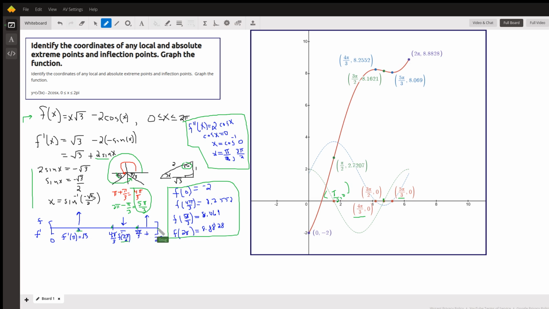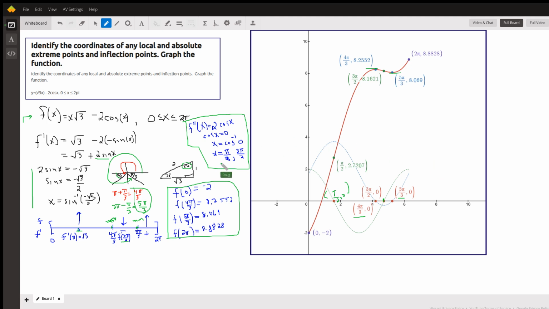And then to the right of 5 pi over 3, the first derivative is positive, so the original function is increasing. So we've got a max at 4 pi over 3 and a min at 5 pi over 3. And that's what we see right here. In other words, these tangent lines are horizontal right there.